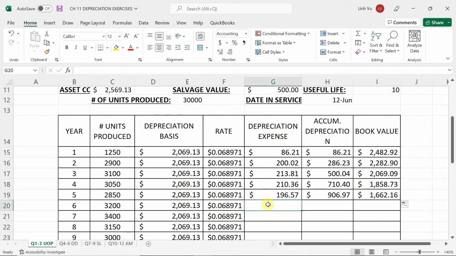So if I produce 3,200 units on year 6, what's my depreciation expense if I produce 3,200 units? $220.70.